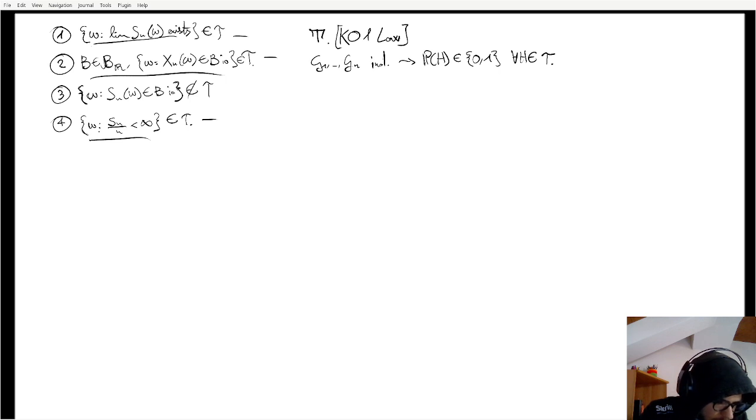So when we have independence, the tail sigma algebra is composed of almost sure or almost impossible events. Almost sure when the probability is 1, almost impossible when it's 0.